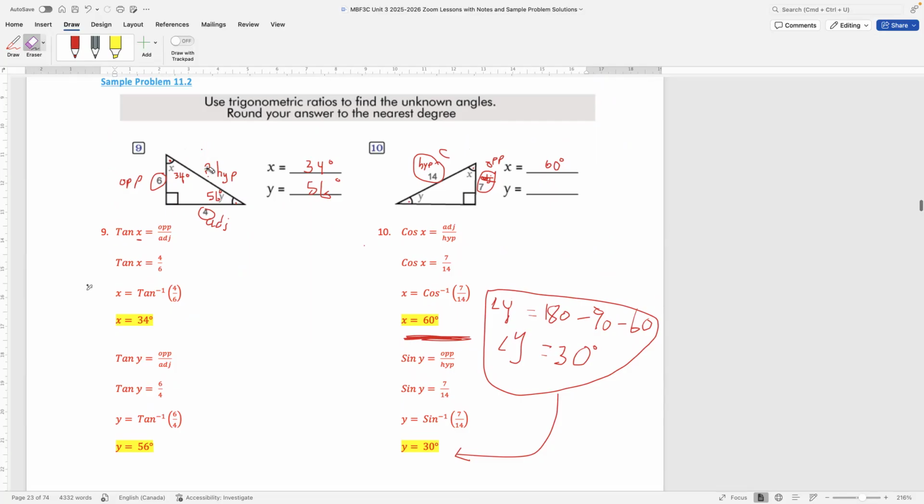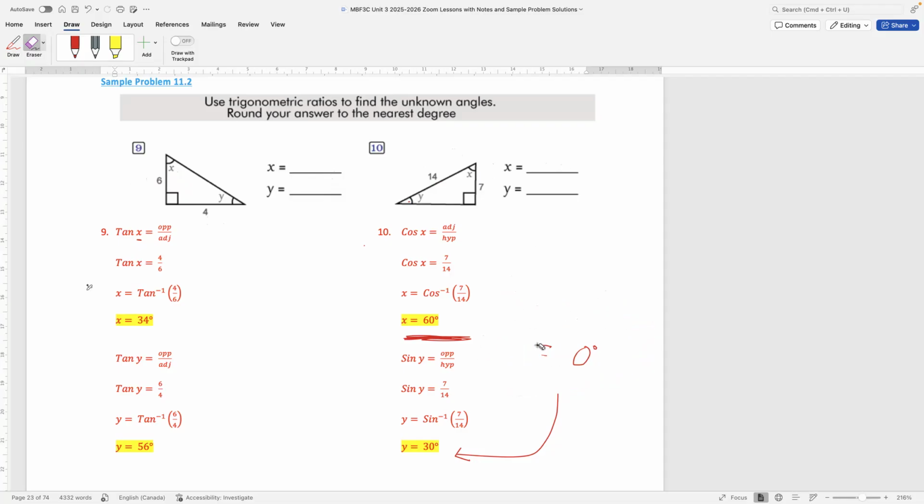So that's pretty much everything you need to know about solving a triangle. When I say solve a triangle, I simply mean find all of the missing parts. What's missing, find all of it.